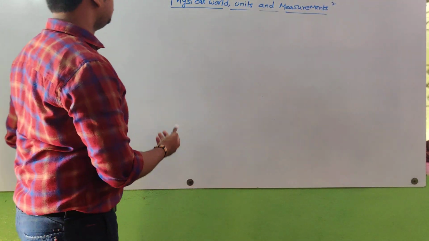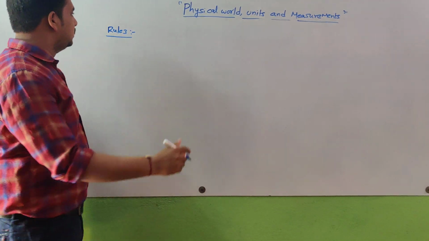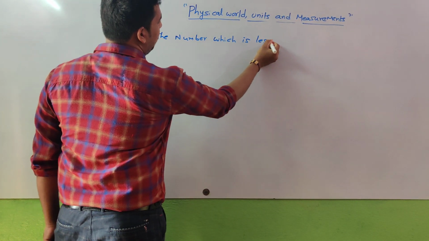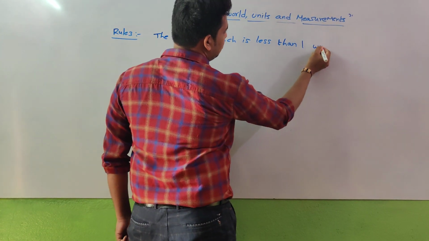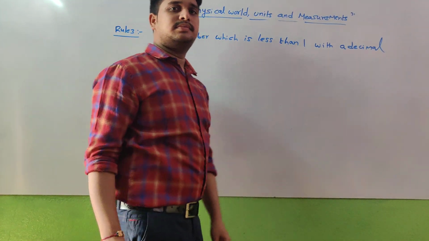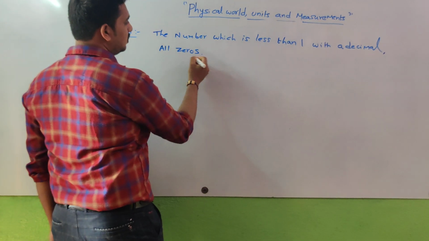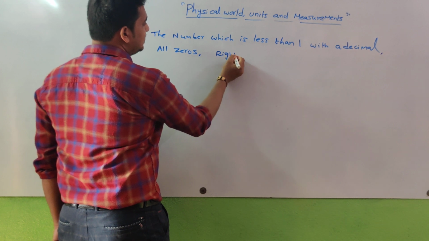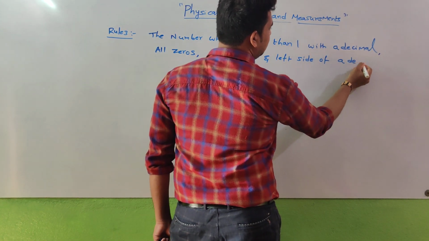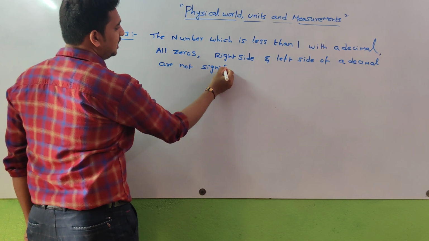Next, rule 3. So what is rule 3 here? For a number which is less than 1 with a decimal, all zeros on the right side and left side of the decimal are not significant figures.